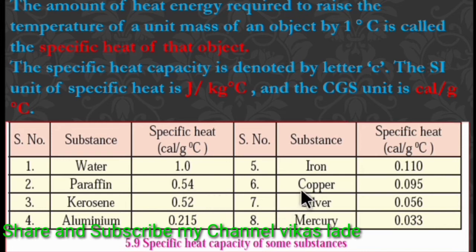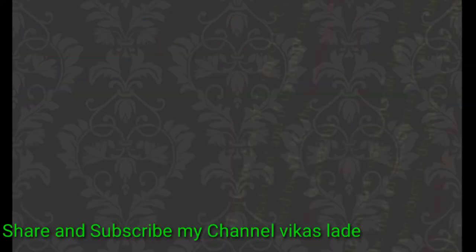Specific heat of copper is 0.095 calorie per gram degree Celsius. Specific heat of mercury is 0.033 calorie per gram degree Celsius.